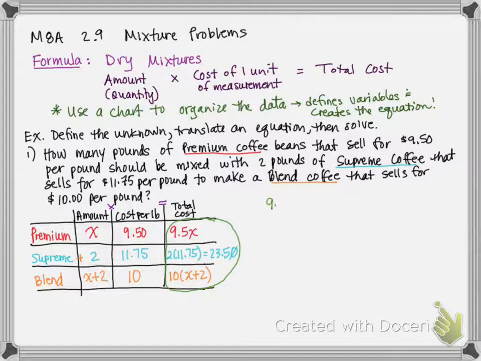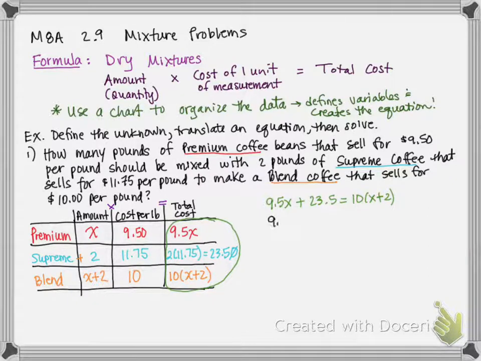So we're going to write 9.5x plus 23.5 equals 10 times the quantity x plus 2. Okay? So we've got the cost of the premium is the 9.5. We've got the cost of the Supreme as $23.50. And then we have the cost of the blend being 10 times the quantity x plus 2. So I'm going to go ahead and distribute.